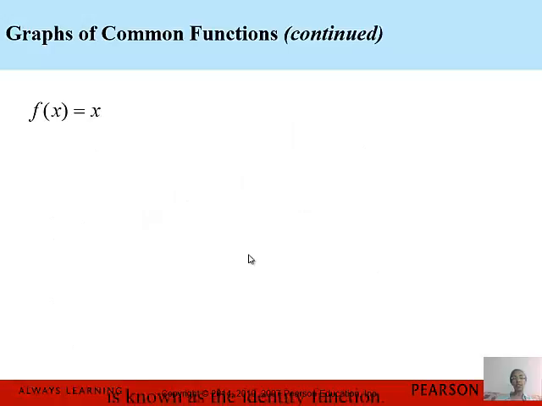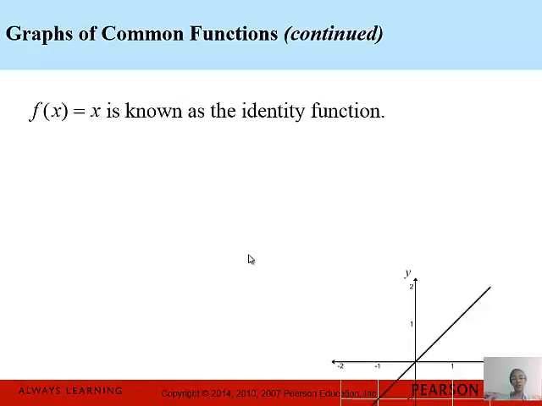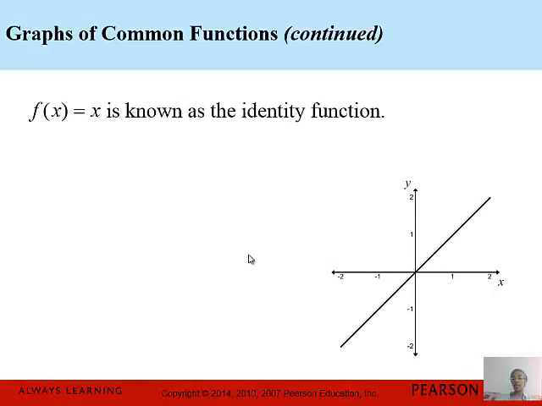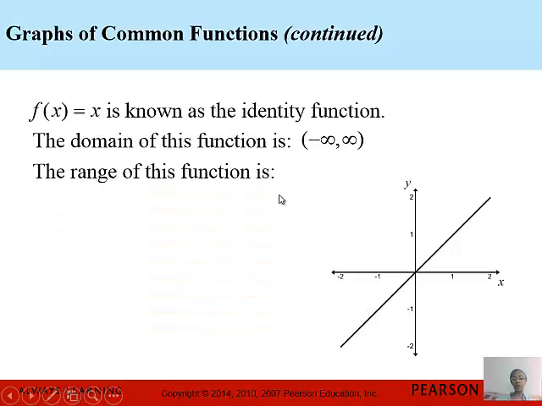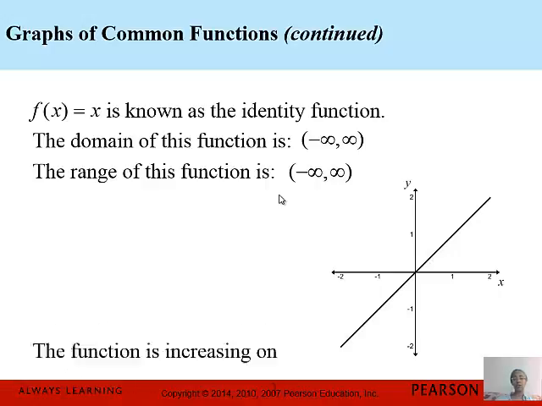Let's look at the identity function. Its graph is a line which makes a 45-degree angle with not only the x-axis, but also the y-axis. The domain of this function is the set of all real numbers, and that's also the range of the function.